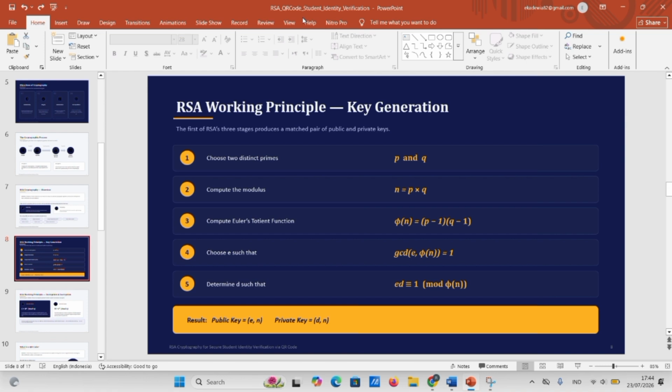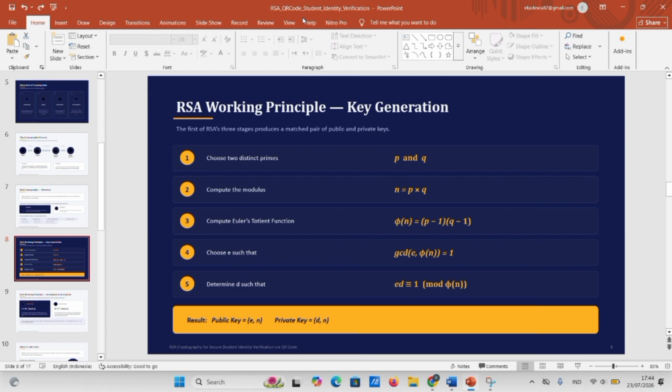Next, we compute the modulus n equals P times Q. Then, Euler's totient function is calculated. After that, we choose the public exponent e, ensuring it is relatively prime to the totient value. Finally, we calculate the private exponent d, which satisfies a modular inverse relationship.